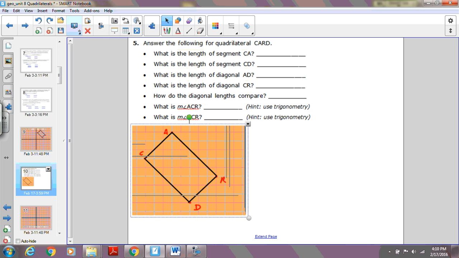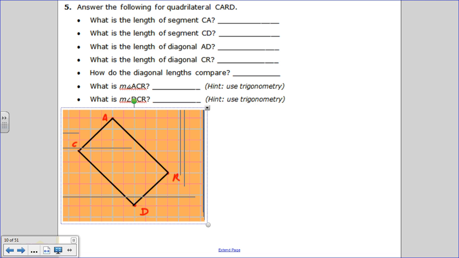Alright. I don't know why those lines were included on the photo, but hey, it is what it is at this point.